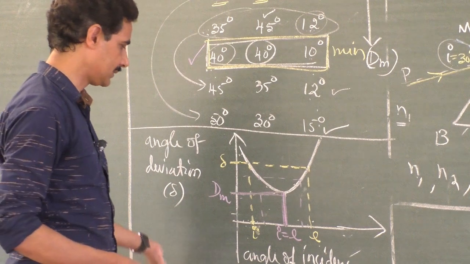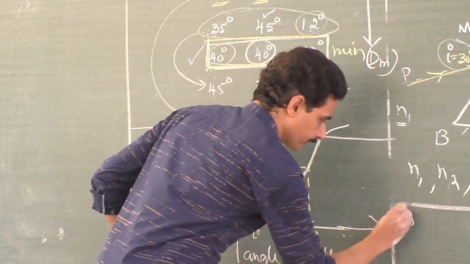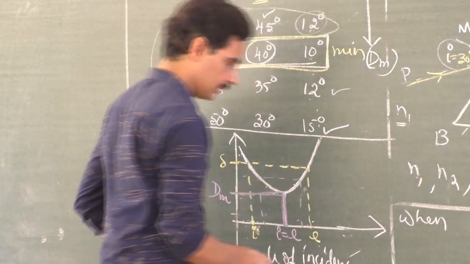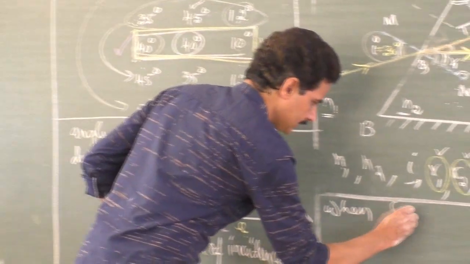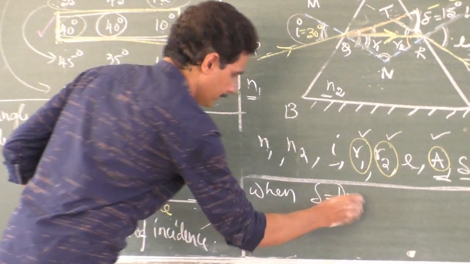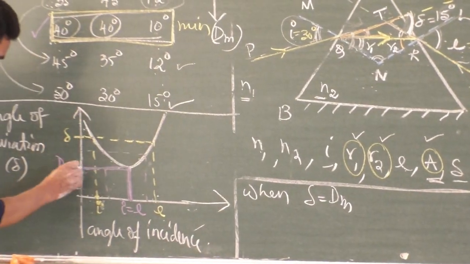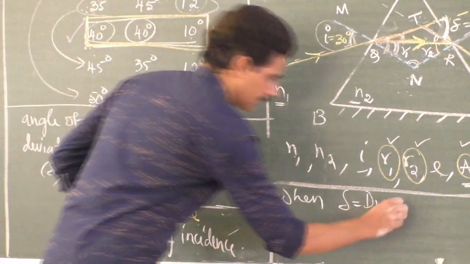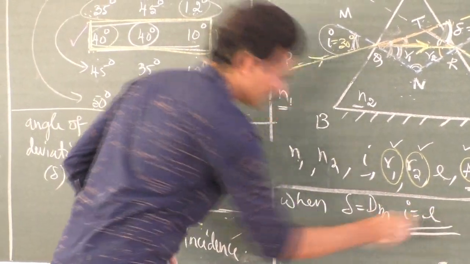So shall I write here like this? Hope you can see this one. When delta is equal to dm, the minimum value of delta, what will you get? I is equal to E, correct?